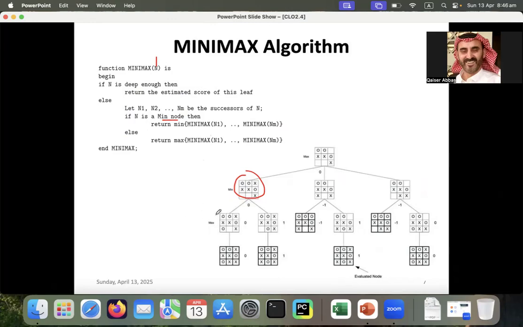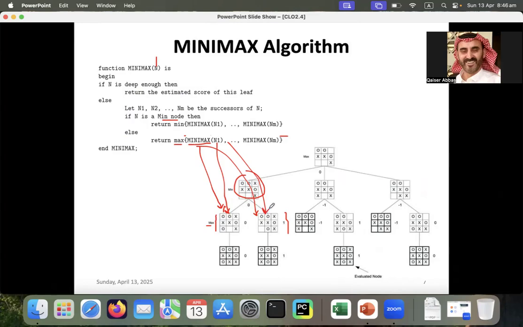This max is written here, curly brackets. And for each of the nodes here, you will apply this minimax. And this N1 is this node. And similarly, you will apply this minimax here, and this N2 would be this node.